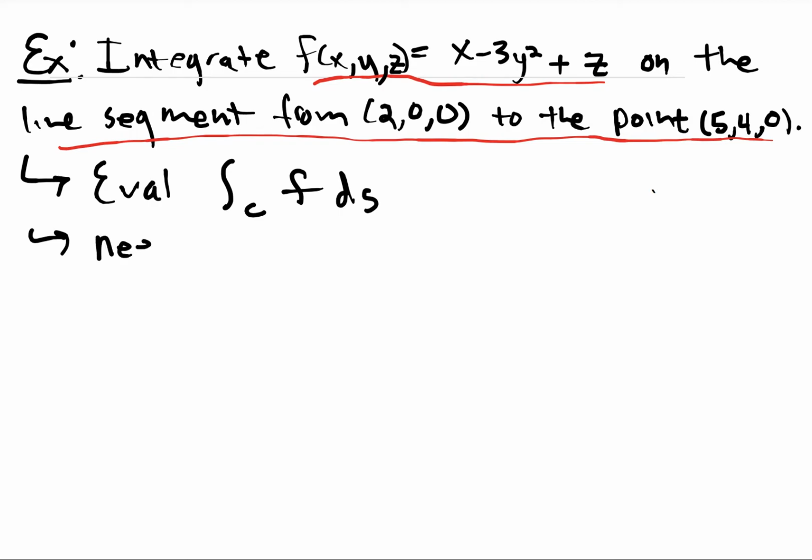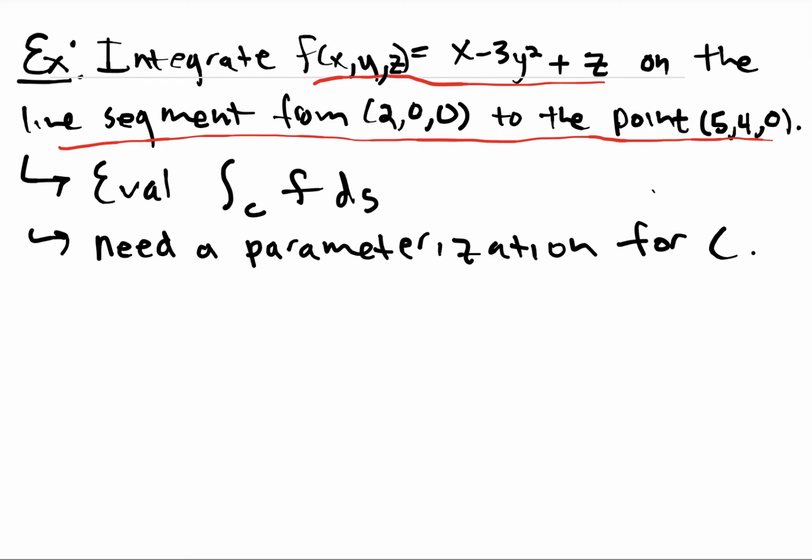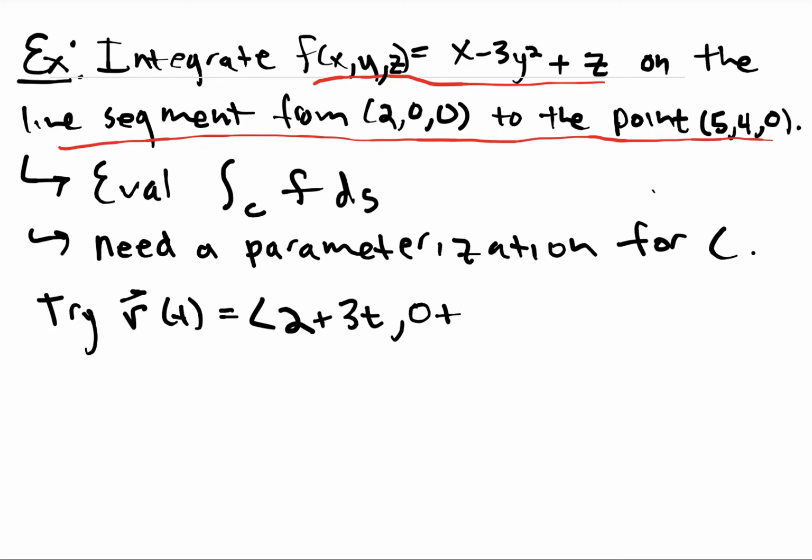So the very first step is that we need some sort of parameterization for this curve, or for this line segment, C. I'm going to have us try to use this parameterization. I will set up this vector here. Let's say 2 plus 3t, 0 plus 4t, and then 0 plus 0t.